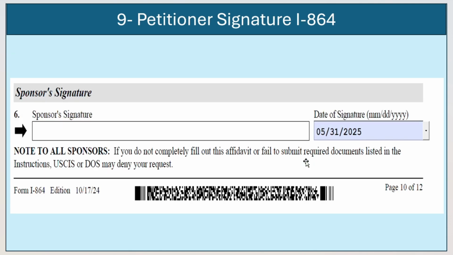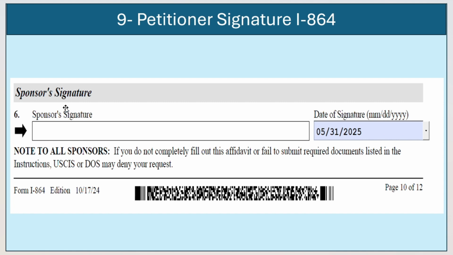Number 9, petitioner signature. The petitioner must sign I-864 with black ink. Do not initial it. Do not put your full name.